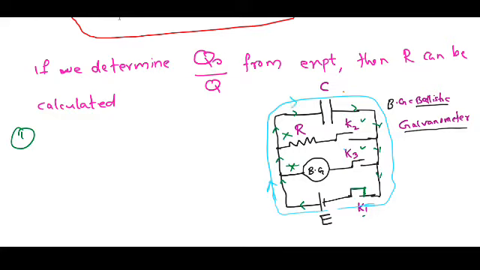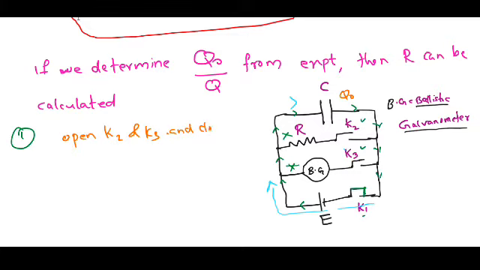That is, the capacitor charges to maximum value Q0. That is, we will write here: open the key K2 and K3 and close key K1.